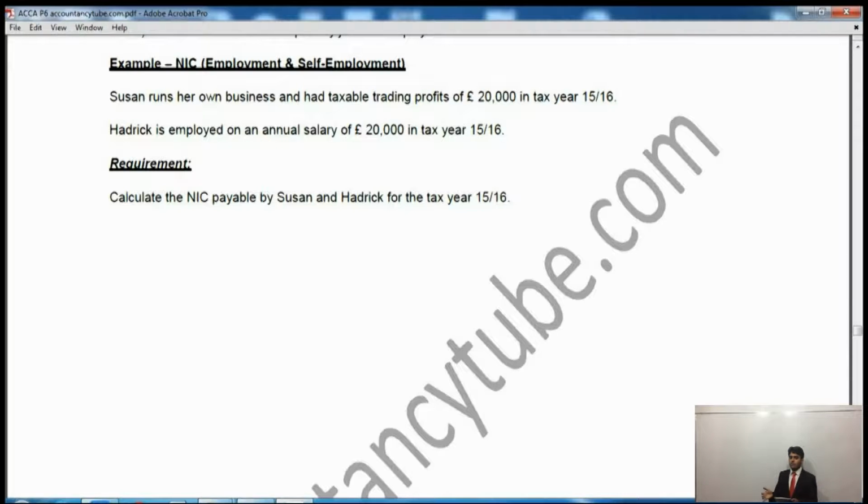Now not only will I have to pay NI, but AccountancyTube will also have to pay NI. Which one? Class 1 secondary NI. Now I hope you would appreciate the fact that if I'm employed by AccountancyTube, I am paying NI and AccountancyTube is paying NI. So we are paying two NIs on the same salary.